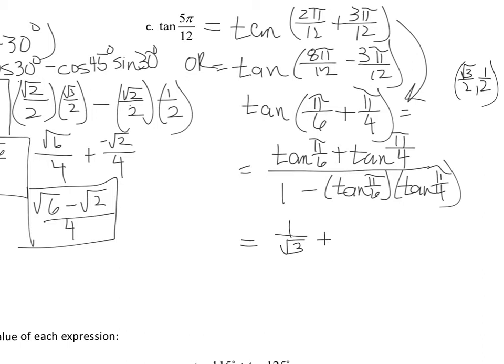Plus tan pi over 4, that's root 2 over 2, comma root 2 over 2, so y divided by x is 1, over 1 minus, what's nice about this is it's just a multiplication of those two. So 1 over root 3 times 1 is just 1 over root 3.